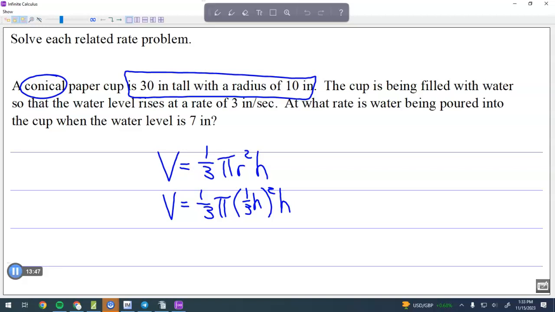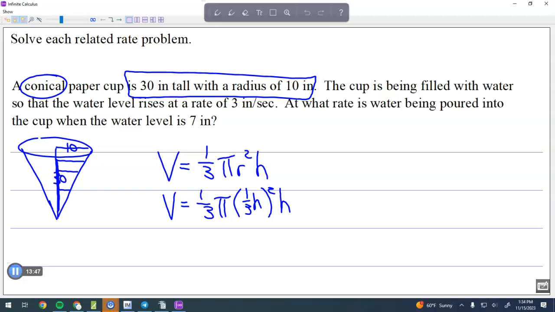So, I've got a cone. And as it goes down, the height is 30 and the radius is 10. Well, as the water fills up, you'll just get similar triangles. So the point is that the ratio between the height and the radius will stay the same.